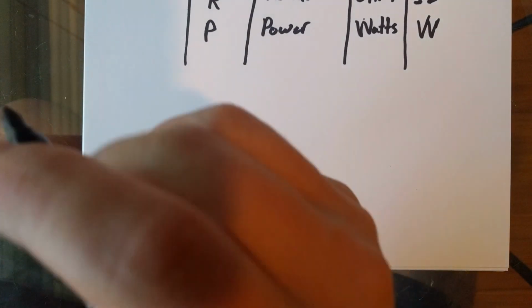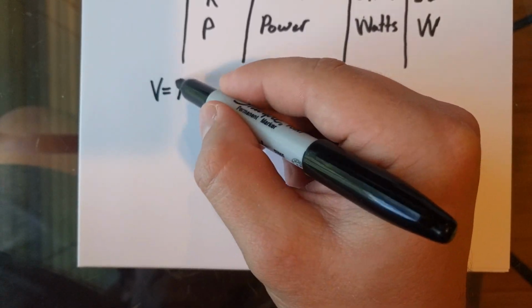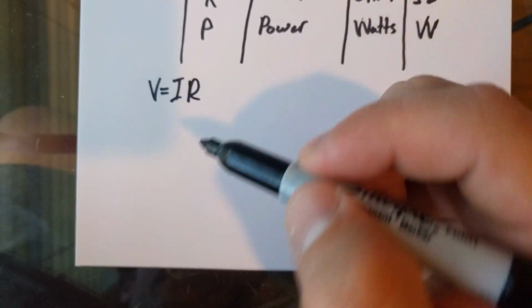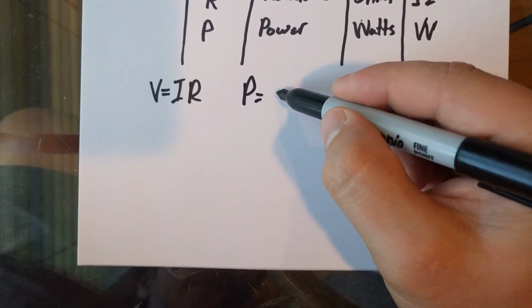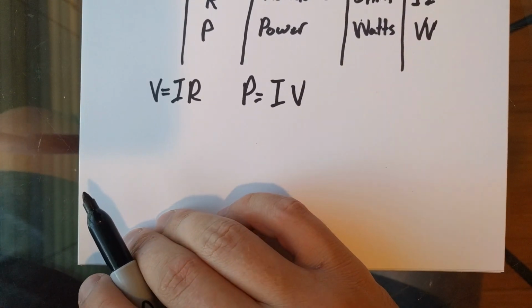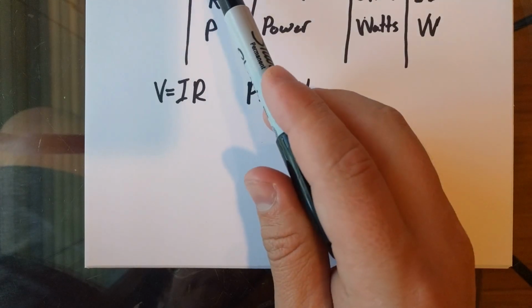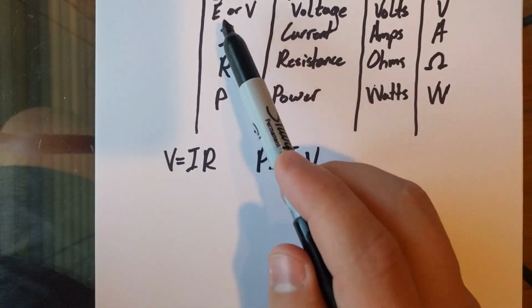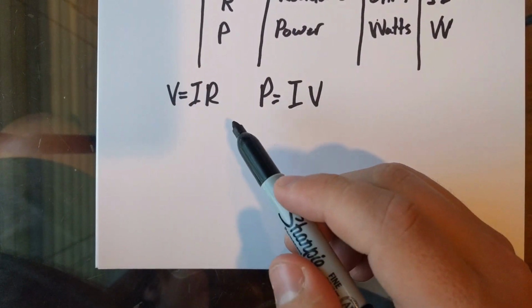Then we have our standard equation. So you have V is equal to IR, and you have power is equal to IV. I'm going to use V since if I start writing E, I'll accidentally write it as V at some point. So I'll just keep with what I know best.